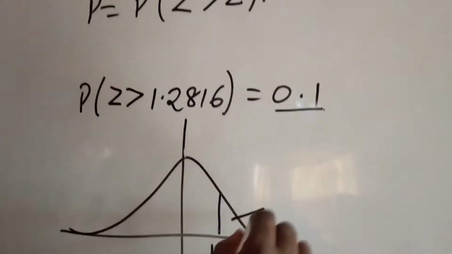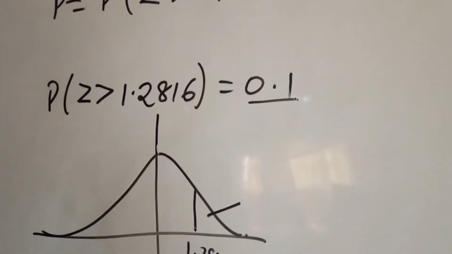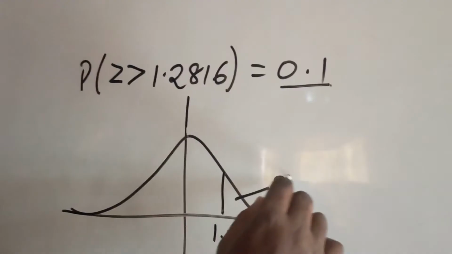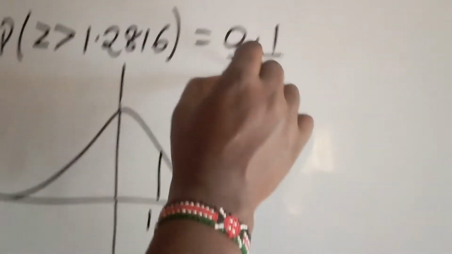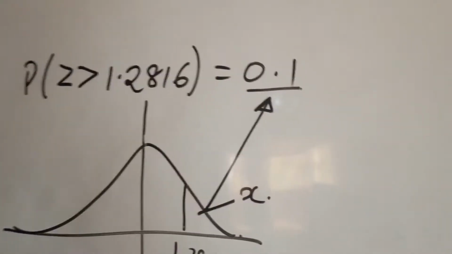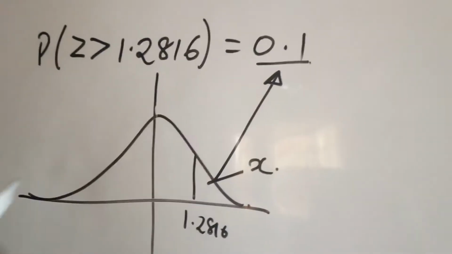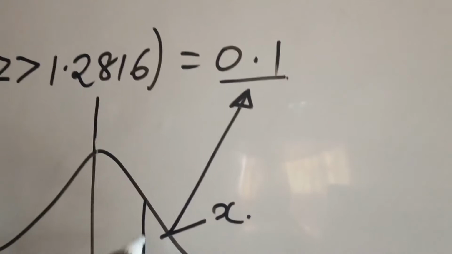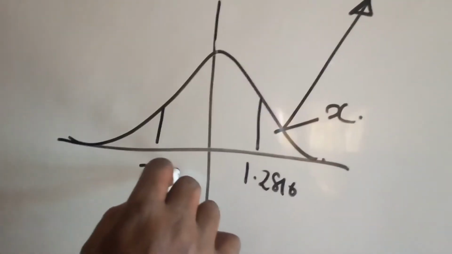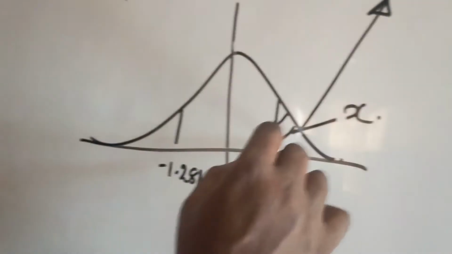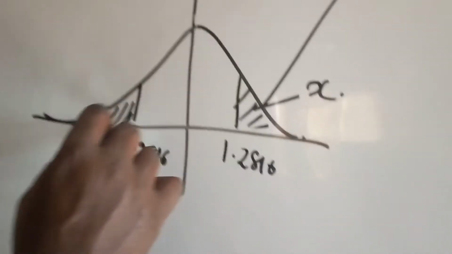1.2816. We are talking about that area. We are talking about that region, it is the region that is equal to 0.1. If this is given, it is also important to do it by symmetry. There is another negative 1.2816, and this region is also equal to that.